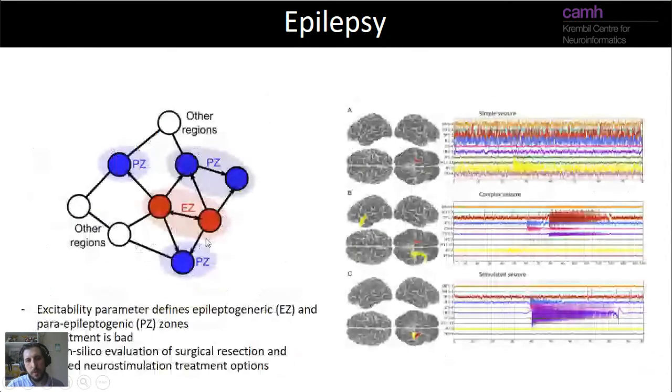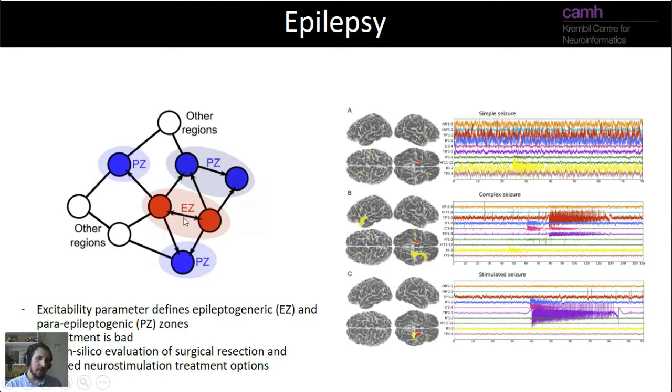And they're using this in a connectome-based neural mass modeling context to try to provide recommendations for surgeons in terms of resection strategies. The basic idea is that they fit the model to data to identify what they call the epileptogenic zone, in red here, and other parts of the local graph, the parts of the connectome that constitute what they call the propagation zone. The seizure initiates in the epileptogenic zone and then propagates through the propagation zone.